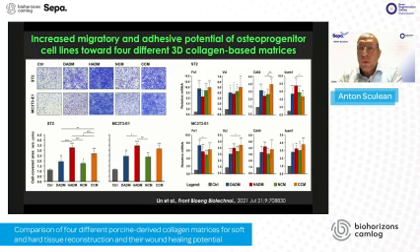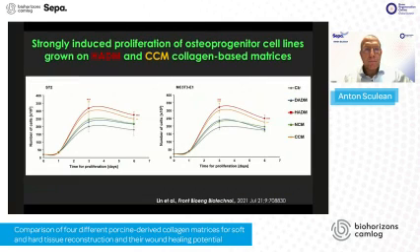And when we look now at the relative mRNA, we compare the two precursor types of cells, we see that the tendency goes always towards the novel generation of matrices.